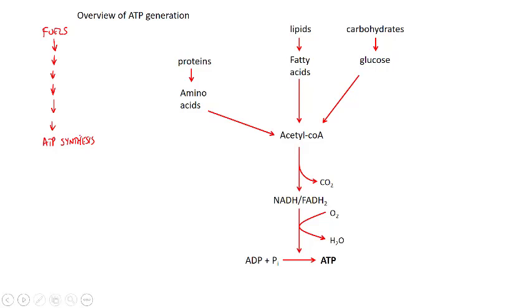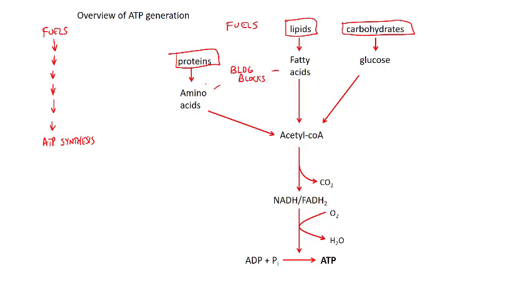All right, so what we have at the top of this diagram are our major fuel sources: lipids, carbohydrates, proteins. These are your foods, right? And so what ends up happening, you'll notice, is that for all of our major fuel sources, they get broken down into simple building blocks.